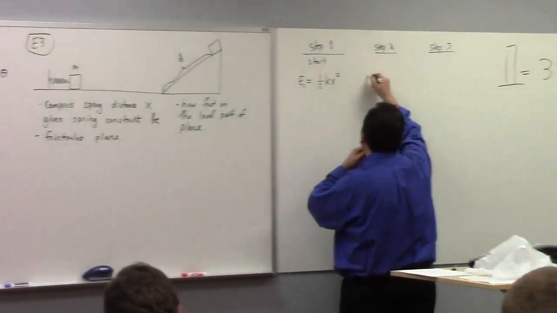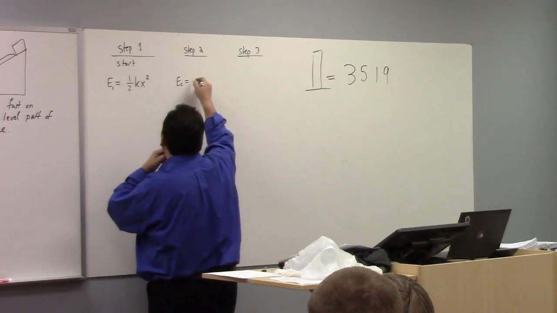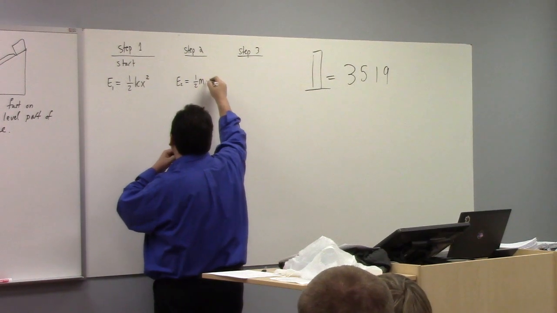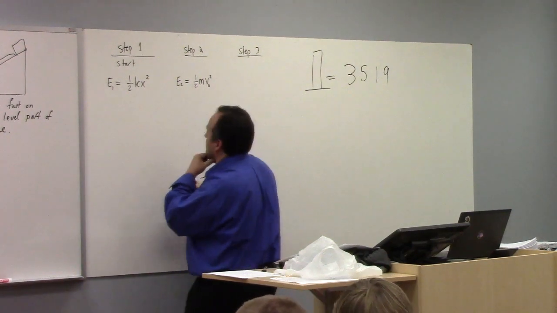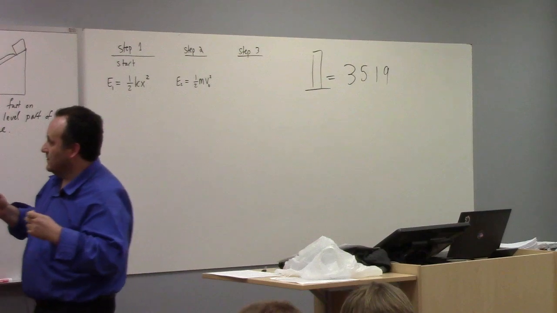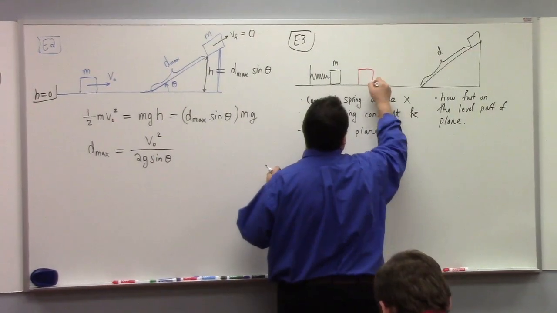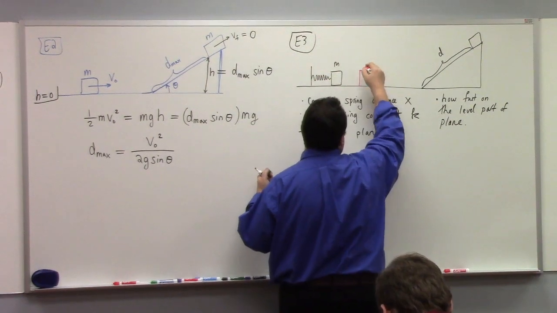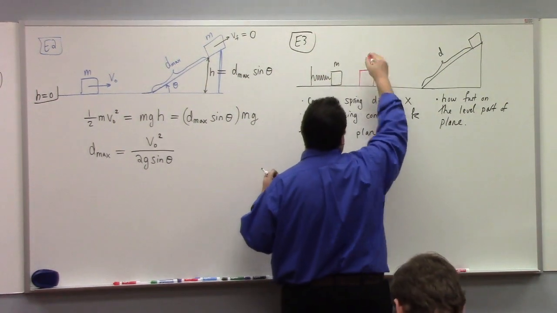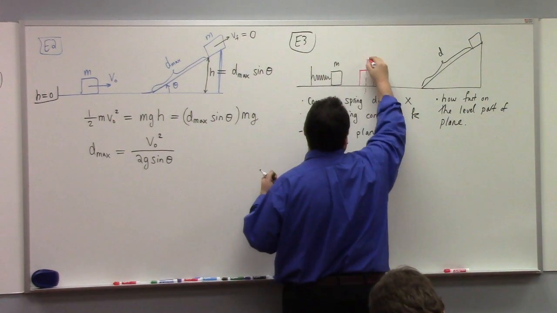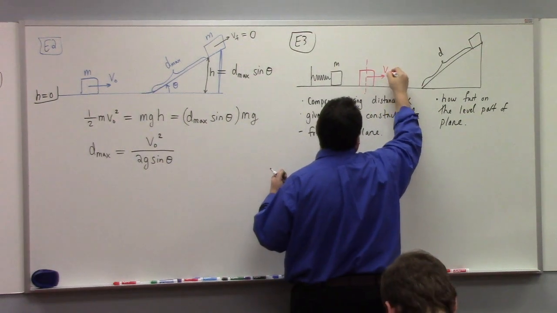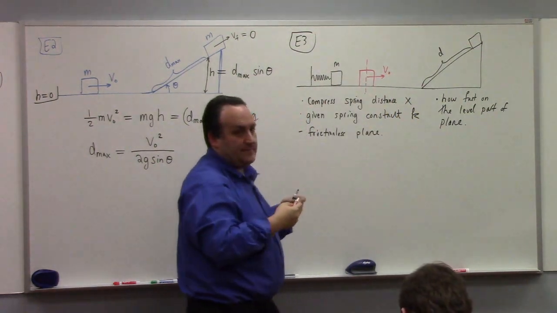Now the energy at step 2 would be 1/2 mv0 squared. That would be after the spring stretches out and reaches its equilibrium. Then the box just goes sliding with velocity v0, and it keeps sliding.